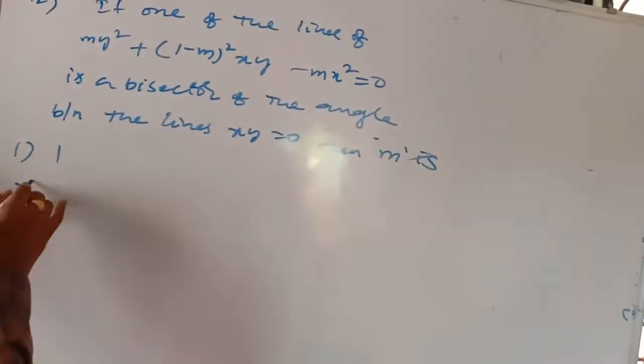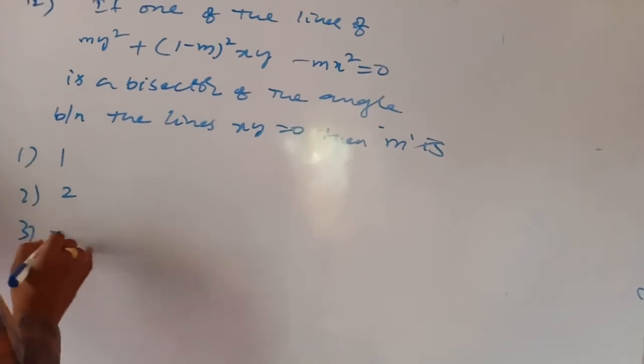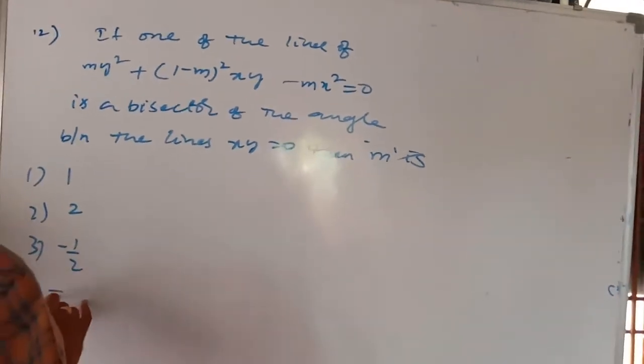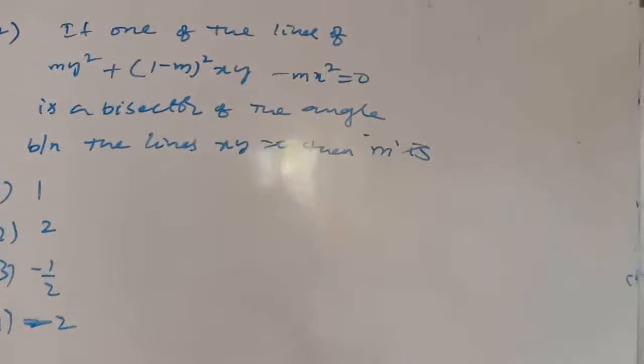Options here: first option is 1, second option is 2, third option is −1/2, and fourth option is −2.